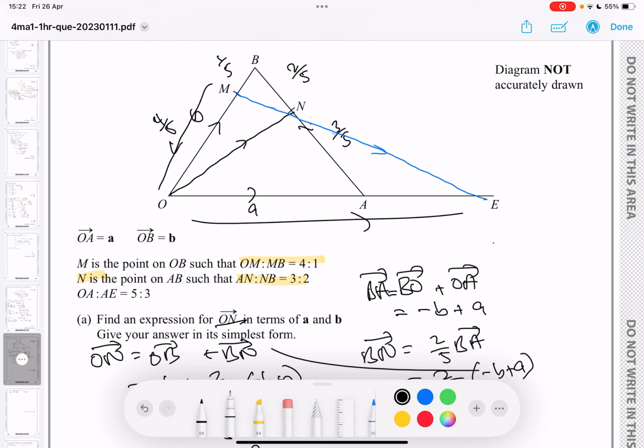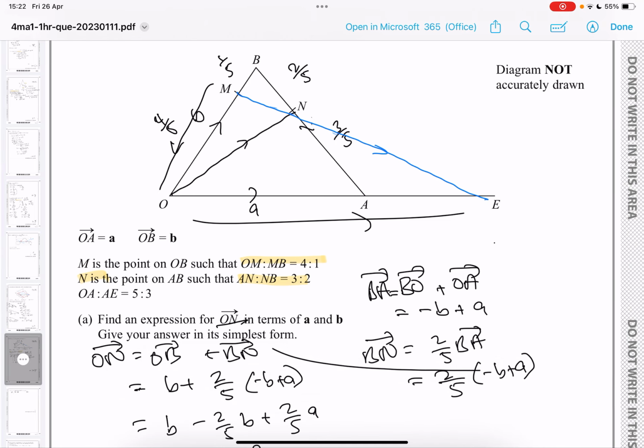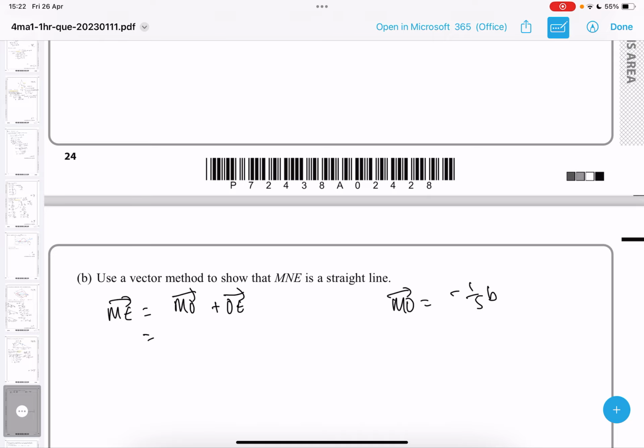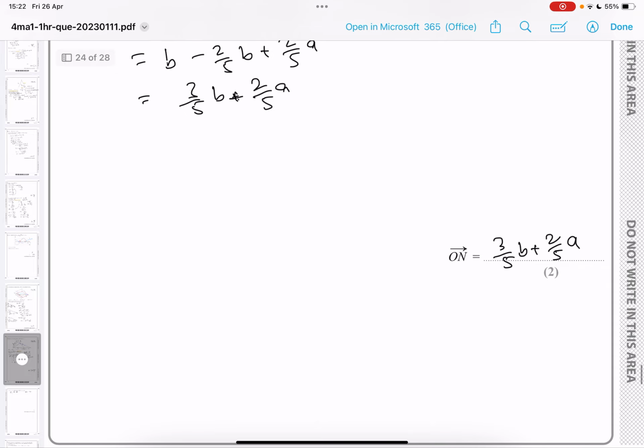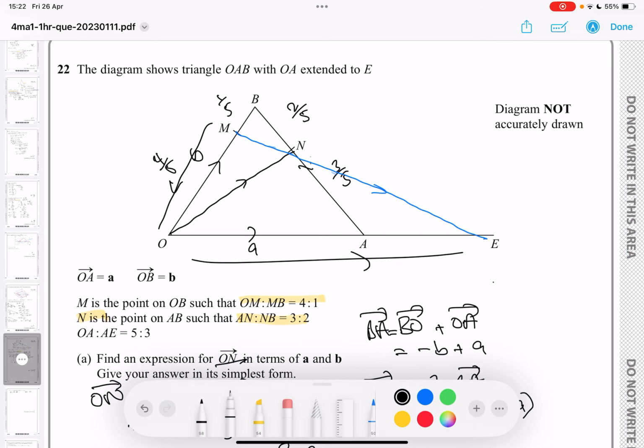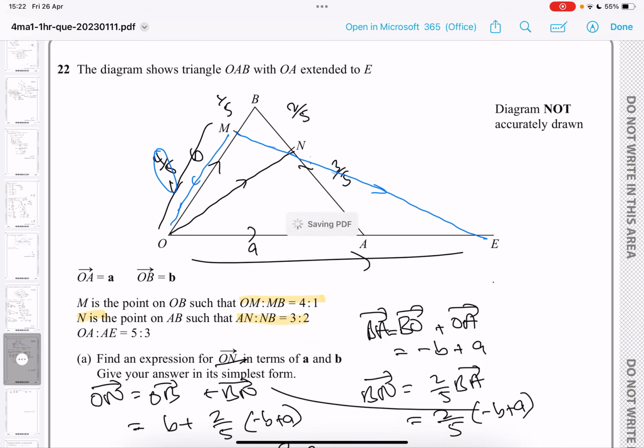So MB is minus 1/5 of B, because we're going in the opposite direction. Sorry, MO is actually minus 4/5 of B, not 1/5, because that is length MO.